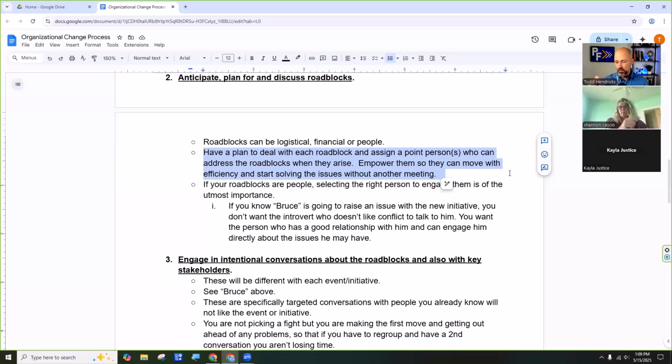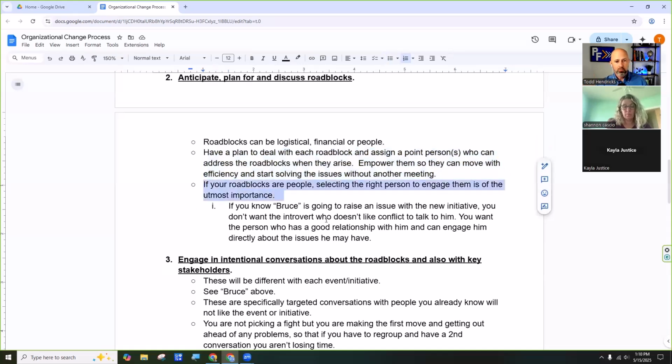No. If Susie can talk to these people about getting this thing done, all right, Susie, you're empowered. You're empowered to solve that problem and make whatever needs to happen. You can do it. And then report back when it's done. That's what we need. That's how we move forward. Because otherwise, you have another meeting, you hit another roadblock, you have another meeting, and this is a self-fulfilling prophecy, so to speak, where it just keeps happening over and over again.